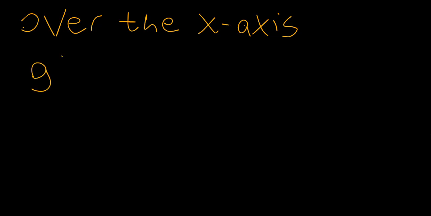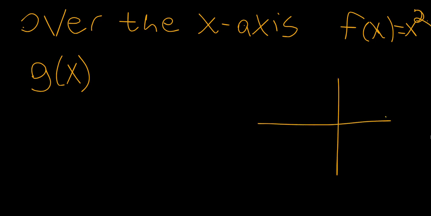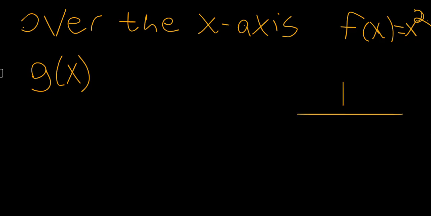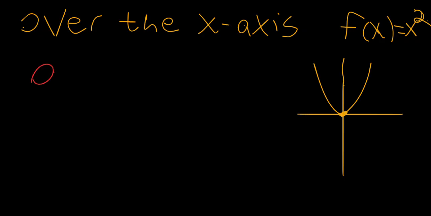If g of x is a transformation of f of x, and f of x equals x squared, and let's say this here. Let's go boom, boom, and this is f of x, and we want it to get g of x.